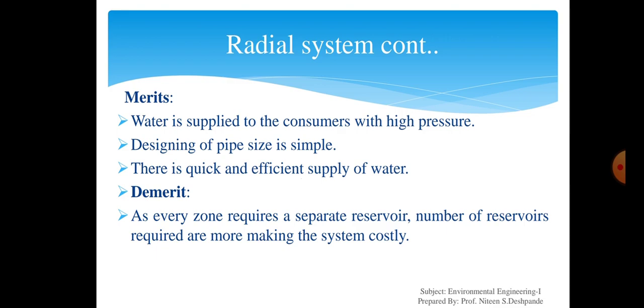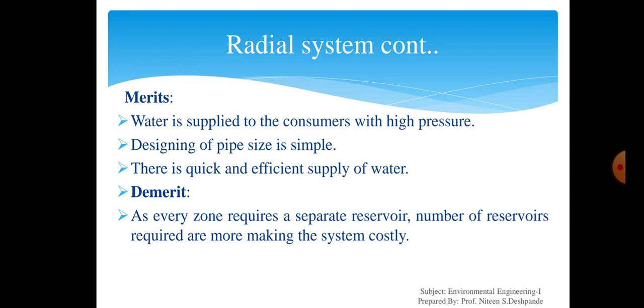Where these systems are used is very important to remember. The four systems that we have seen are: tree or dead end system, then ring or circular system, then grid or interlace system, and finally the radial system. So which type of system is used where?